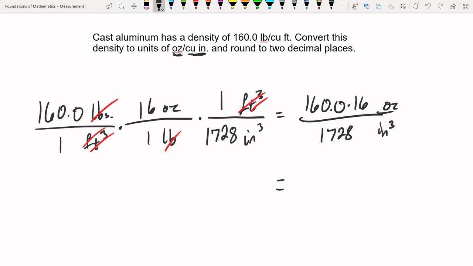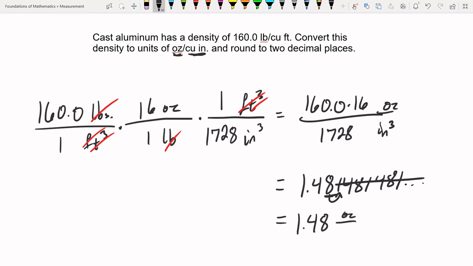Rounding to 2 decimal places, that gives us 1.4814814881. This is the second decimal place. Look at the next one. That's not 5 or greater, so we just drop it. 1.48 ounces per cubic inch.